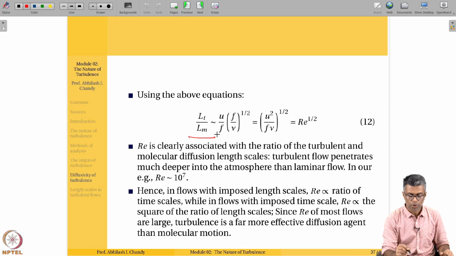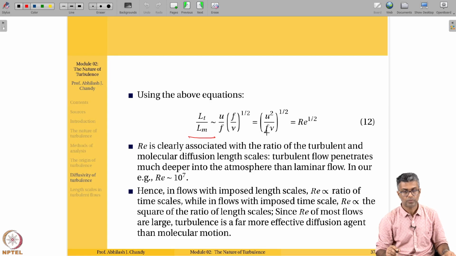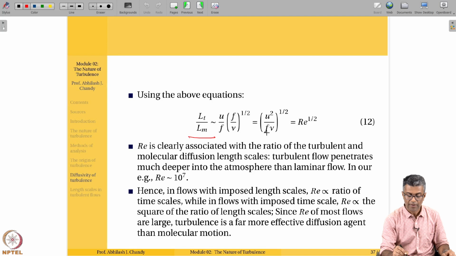So essentially what you have is U over F times F over nu to the half. That would be U squared over F nu, isn't it? That comes from the fact that you have an F to the half and F here, which gets cancelled out, and then you will have U squared over F nu, the whole thing to the half.